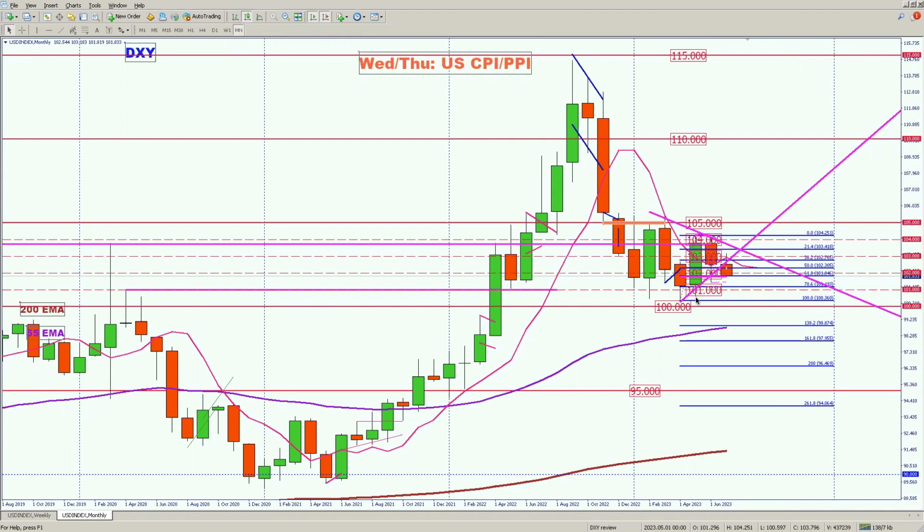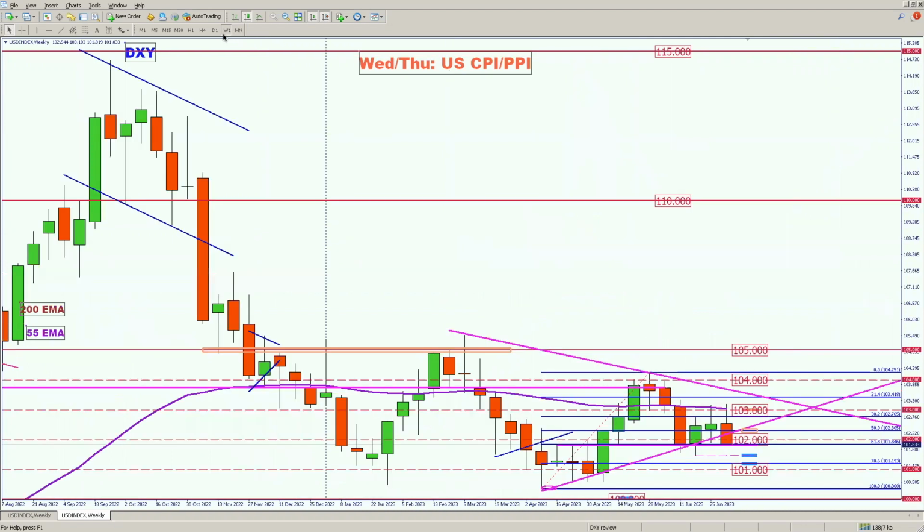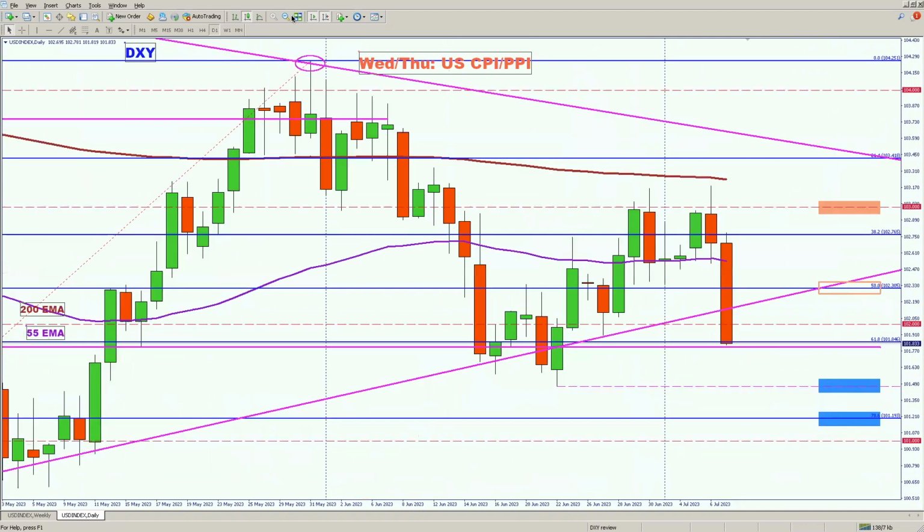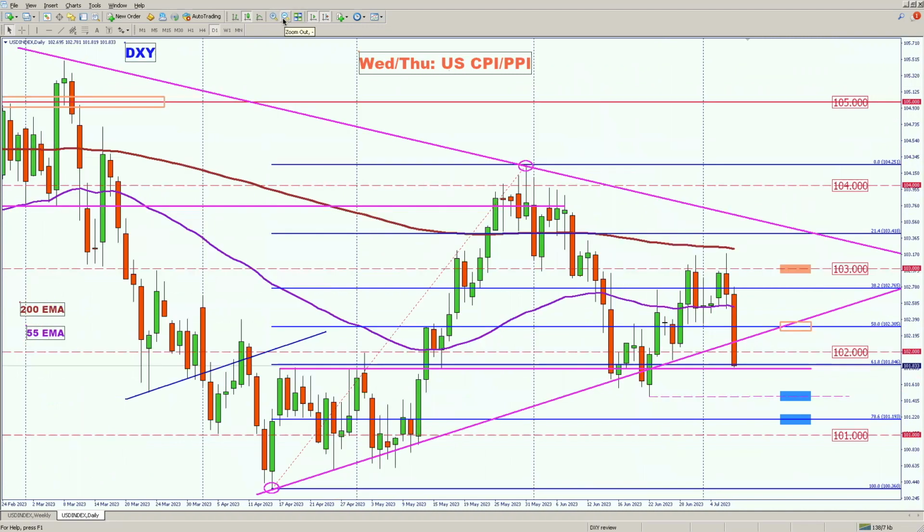Similar to the euro, there's a large bullish candle in this case for the month of May, so it could be operating within that range. So it still has a strong support from that previous month in May, all the way down to the 101.